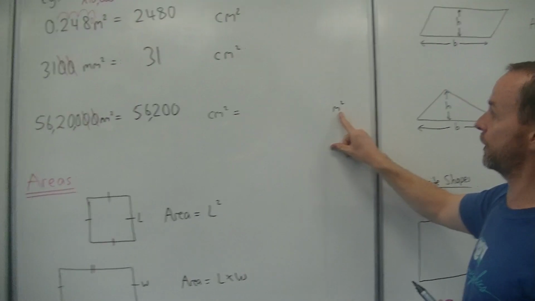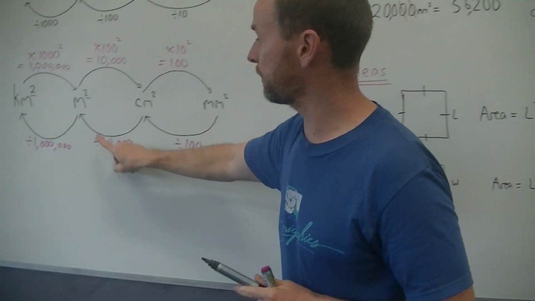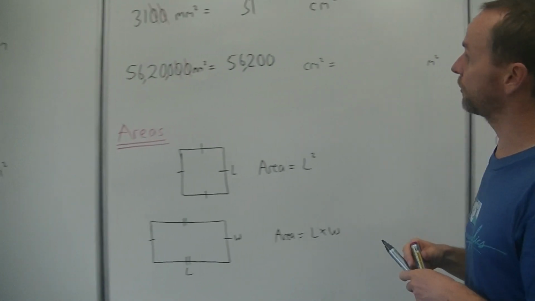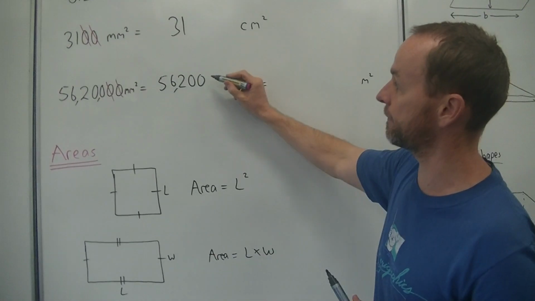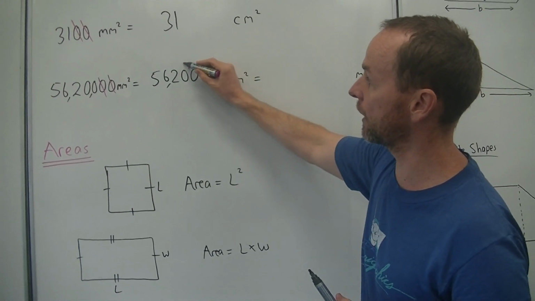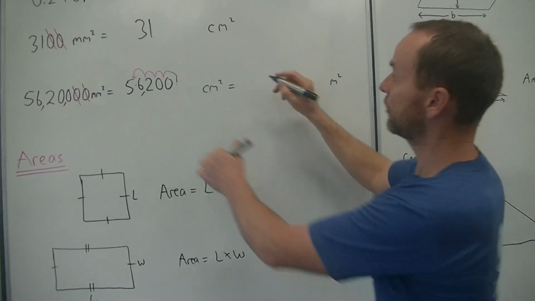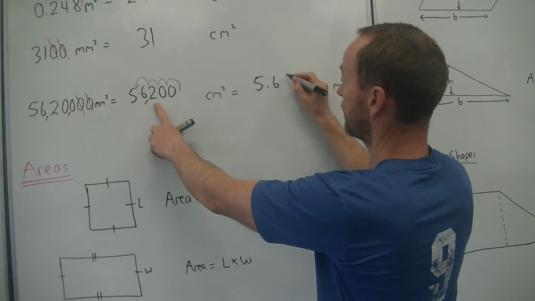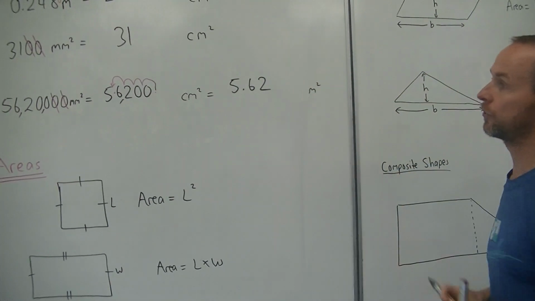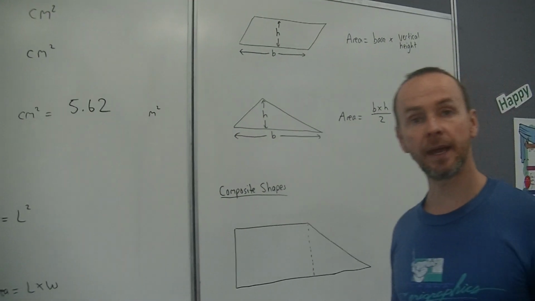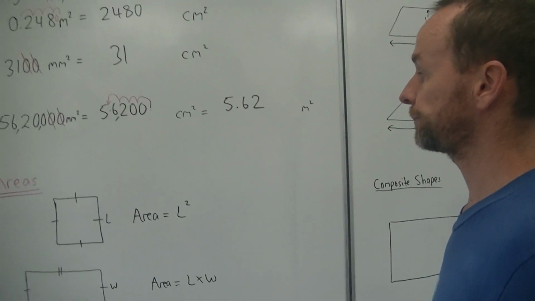Now, centimetres squared to metres squared, we divide by 10,000. So we move the decimal point 4 spots back. So we go 1, 2, 3, 4. The decimal point's now going to be there. So we write it down and we get 5.62 metres squared. And that's the answer. How easy is that?